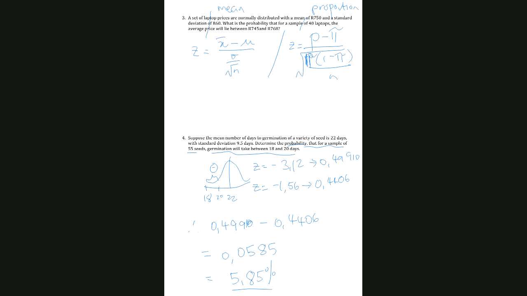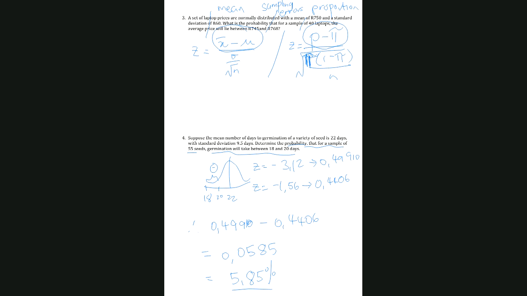This numerator, whether it's a mean or a proportion, is called the sampling error. This is the difference between the sample statistic and the population parameter.